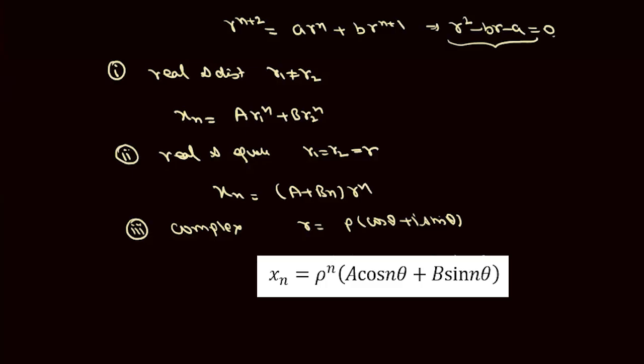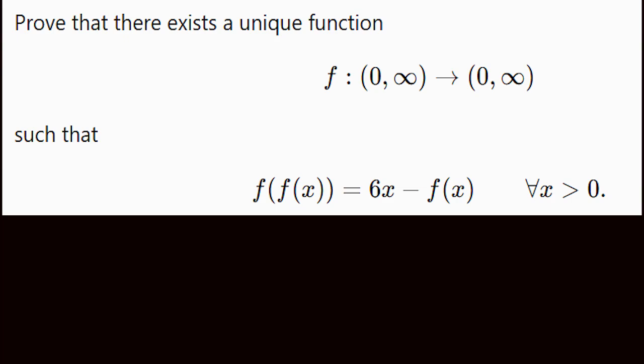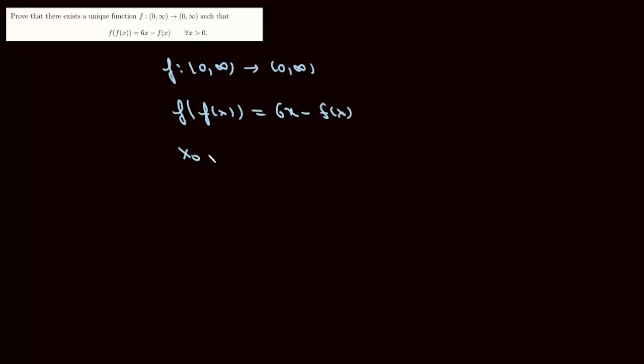Say, for example, prove that there exists a unique function f defined on 0 to infinity such that f(f(x)) equals 6x minus f(x). Now we'll define orbits. We'll say x0 is x, x1 is f(x0), x2 is f(x1), or x_{n+1} is f(x_n).